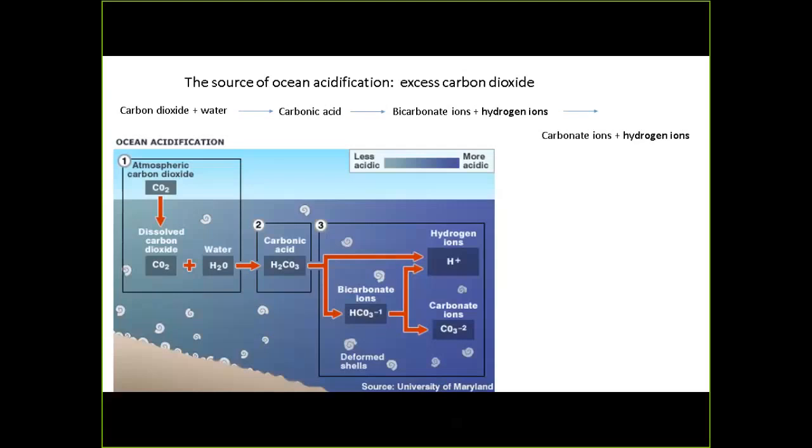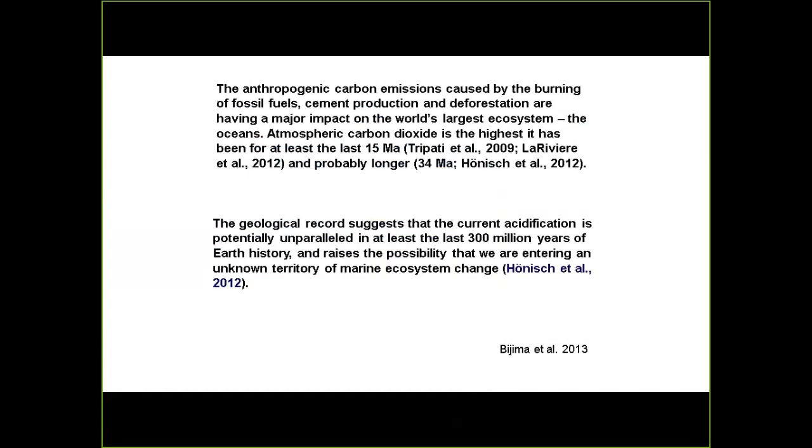Well, a lot of biologists have accepted a lot of grant money over the years to research the effects of ocean acidification, and chemists have certainly gotten involved too. So here's something that's worth reading. The anthropogenic carbon emissions caused by the burning of fossil fuels, cement production. Cement production, it turns out, the chemical reactions forming cement release a lot of carbon dioxide.